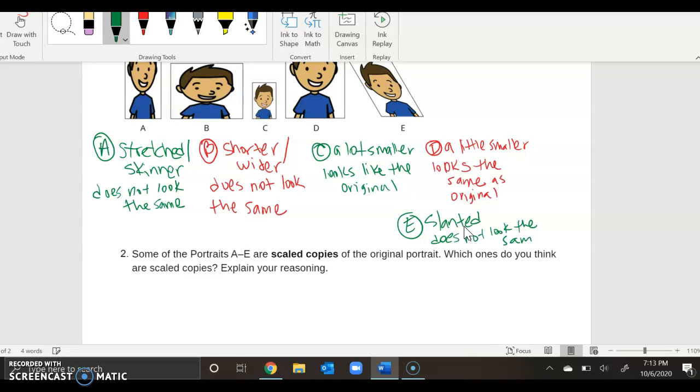Okay, so number 2 says some portraits of A through E are what we call scaled copies of the original portrait. Which ones do you think are scaled copies, and explain your reasoning?